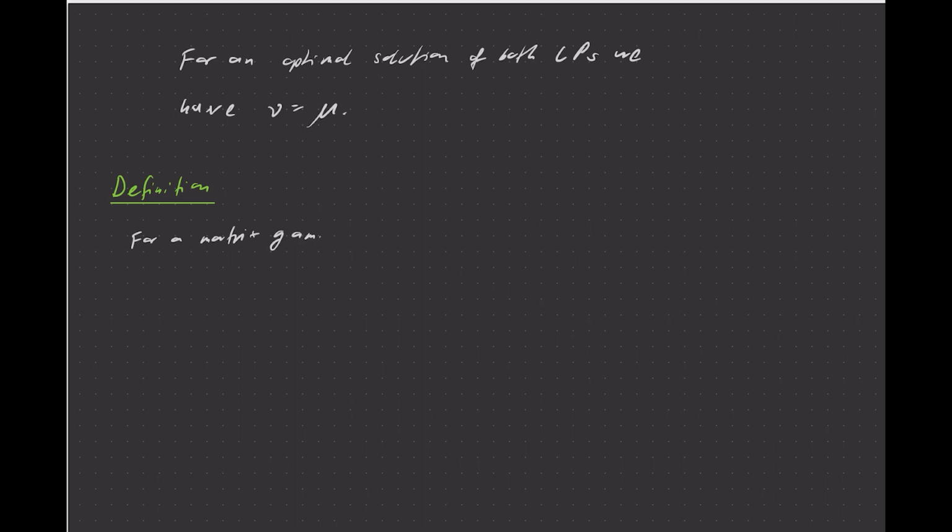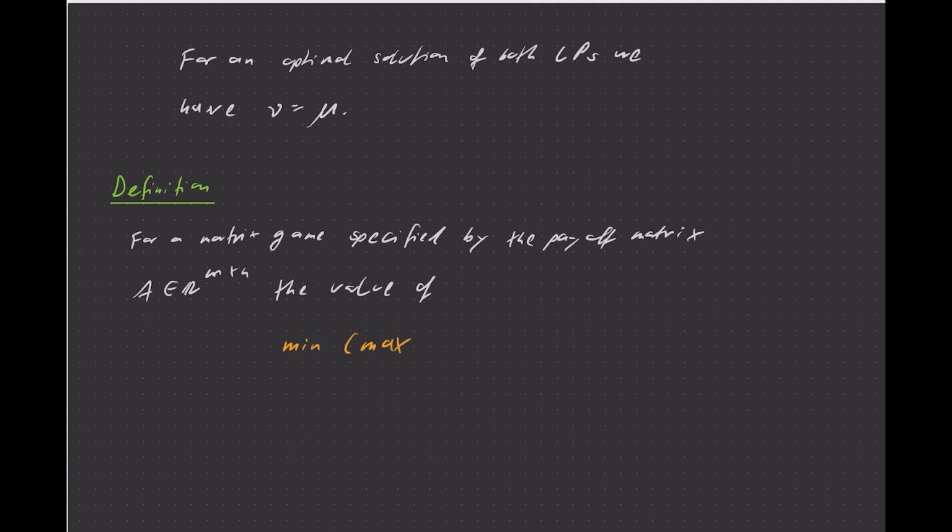For a matrix game specified by the payoff matrix A in R to the m by n, the value is the minimum over the maxima of y transposed Ax, maximizing over x in S_C, minimizing over y in S_R.